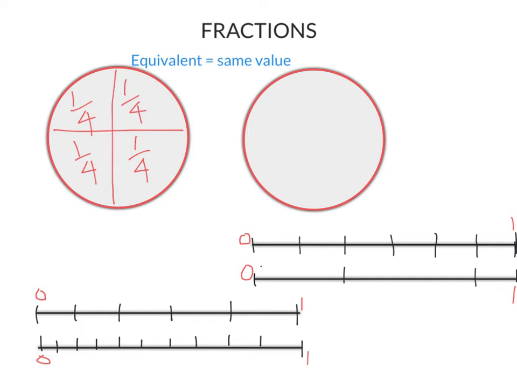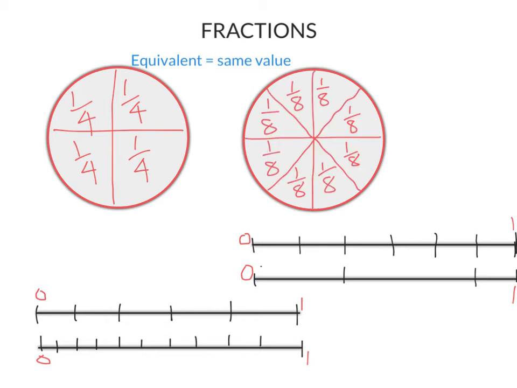Now, if you get a pizza, they don't cut it into quarters, they cut it into eighths like this. So each of these little slices is 1/8 because I've divided the circle into 8 equal parts, or they're supposed to be equal, and I have one of them. Each of these is one of those eighths.